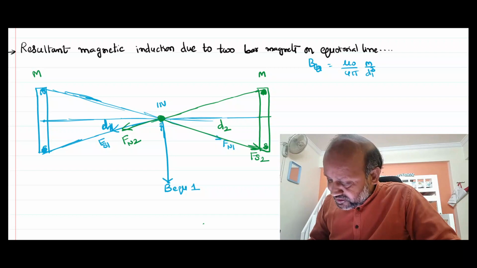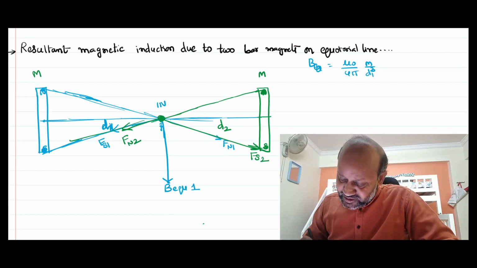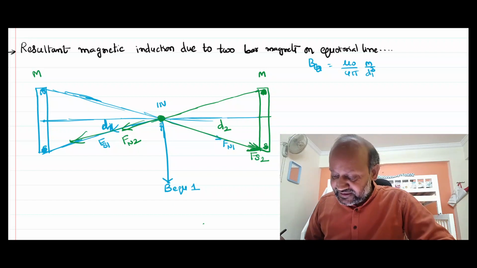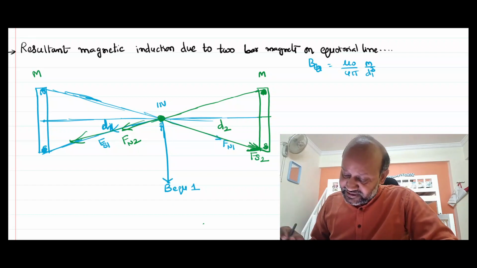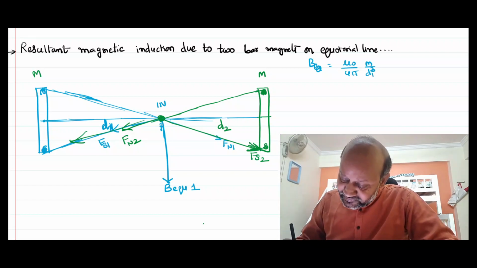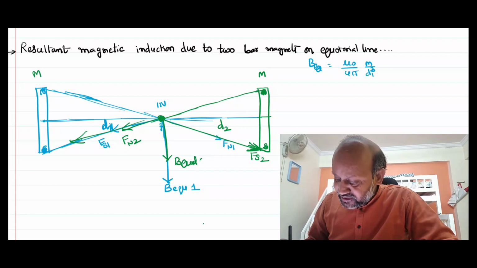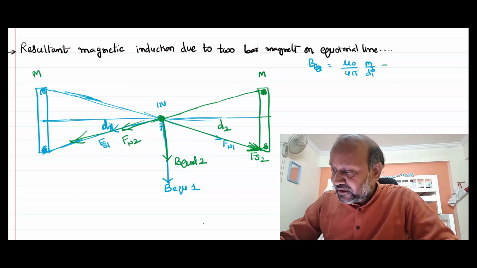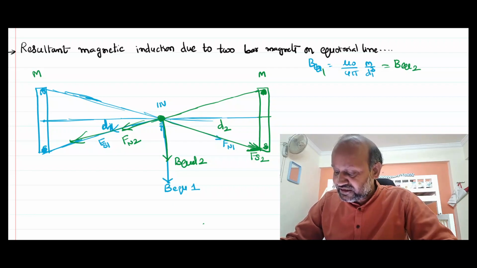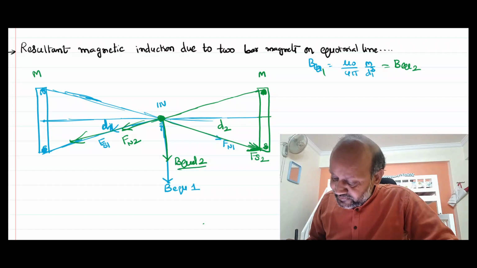These two are also equal in magnitude, having some angle. The resultant will be exactly in between them, in line with the first magnet, because both are identical magnets. This is B equatorial 2. How much is that? It is the same as the first, because both the magnets are identical in nature. And have you noticed this B equatorial and this B equatorial are along the same line?